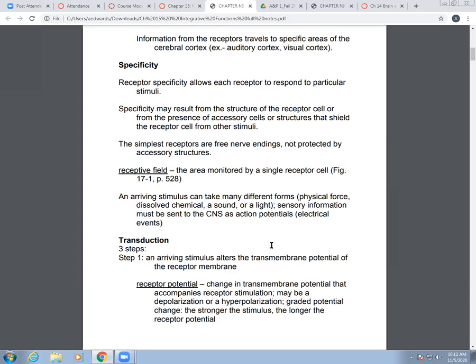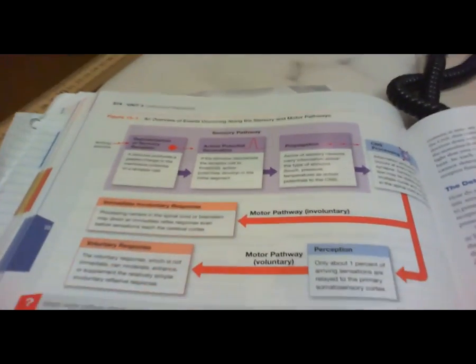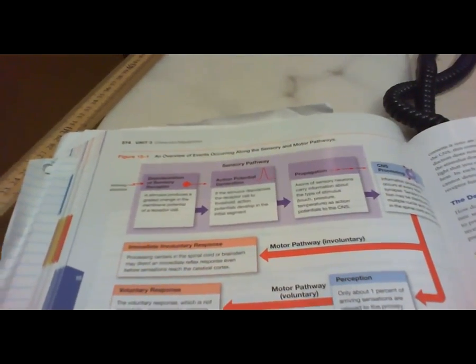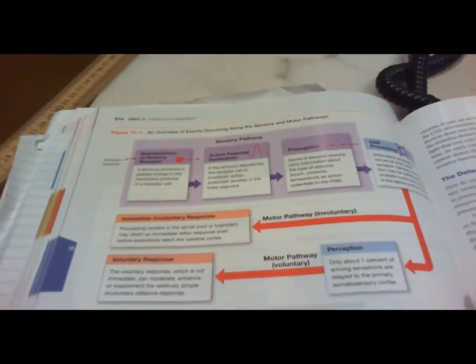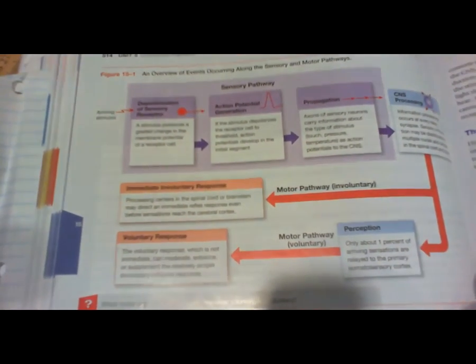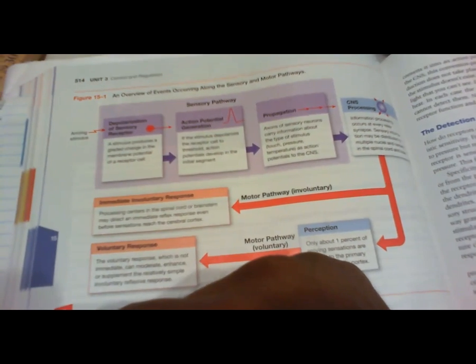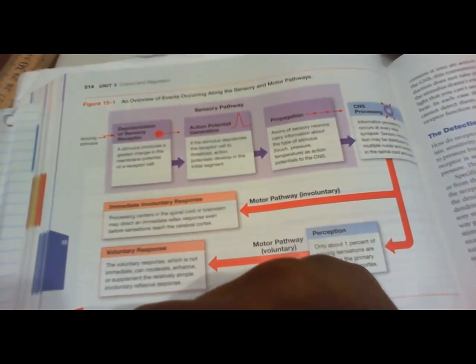All right, I'll show you an image here. I just want to give you an overview. So remember, we have the arriving stimulus. We get some depolarization in the sensory receptor.